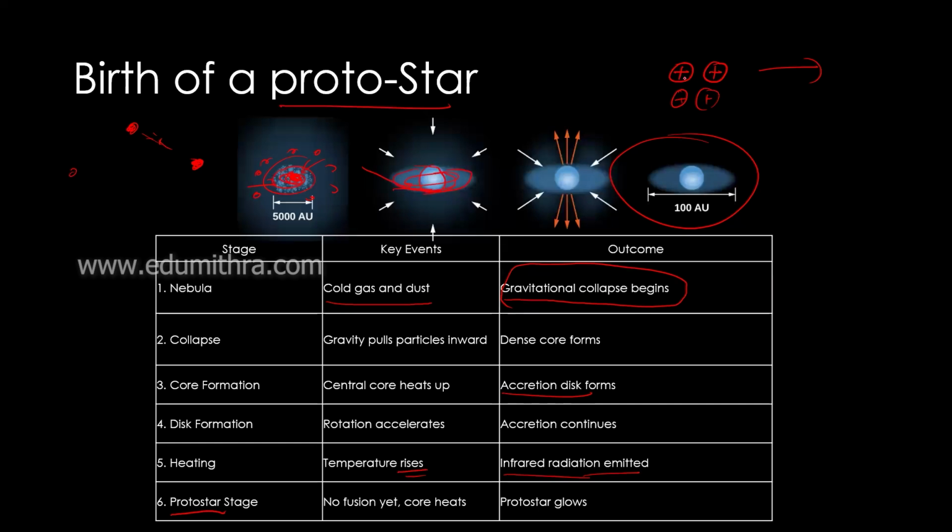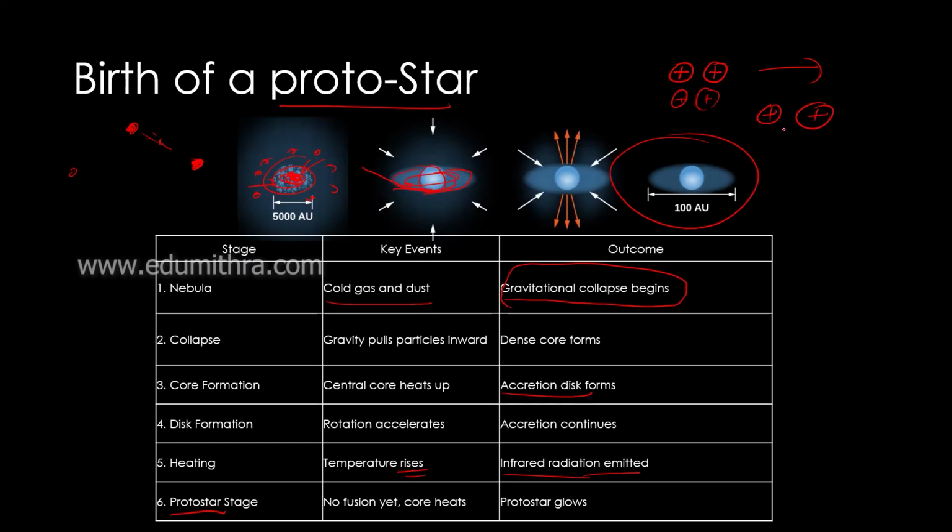But the problem is that the protons are positively charged. If you take two protons and try to bring them together, they will repel, because like charges repel, as you know. That repulsion is called the electric repulsion, or more formally the Coulomb repulsion.